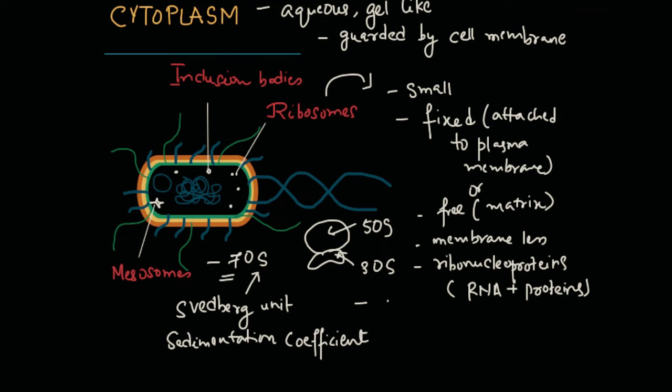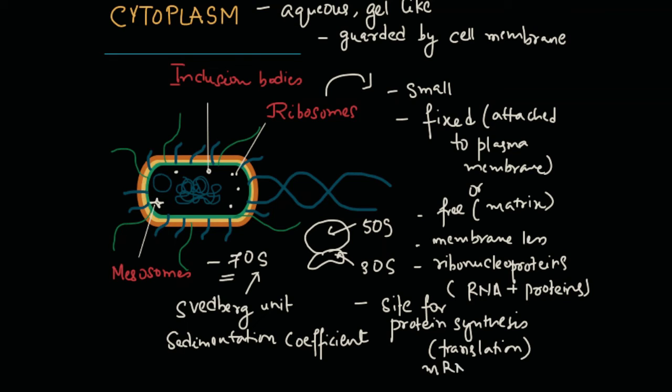Function-wise, ribosomes are the site for protein synthesis. That is, the process of translation takes place at the ribosome. Translation is a process by which mRNA is used generating protein.